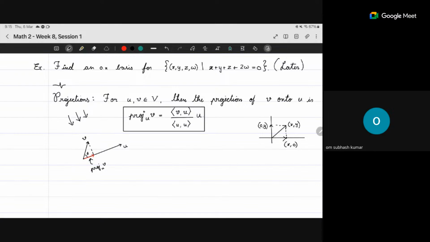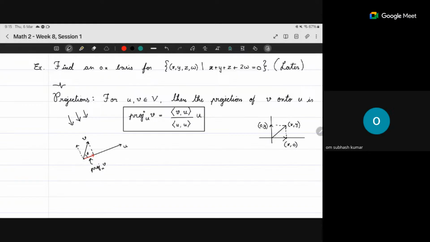But here, we are not projecting a vector onto the x-axis. We are projecting onto any vector. It could be slanted. And the idea is the same. You drop a perpendicular from the vector to the given line, and then you look at these two components.